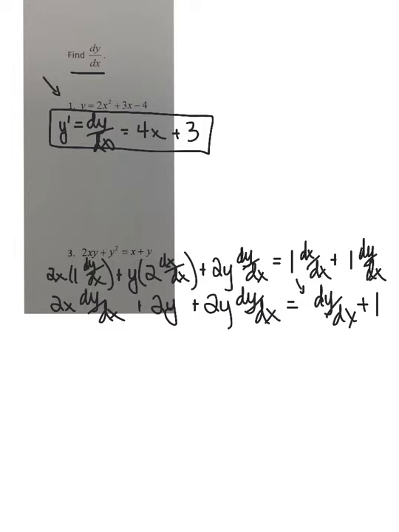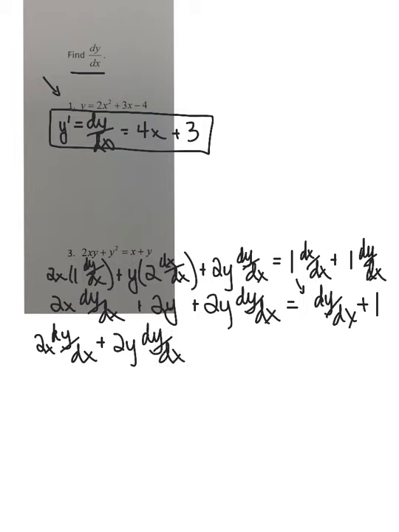Now the next thing that we're going to do is try to get all the dy/dx terms to one side of the equal sign, and everything that doesn't contain a dy/dx term is going to go on the other side. I tend to keep anything with the dy/dx on the left-hand side. I don't know, it's just a thing. It doesn't matter, though.